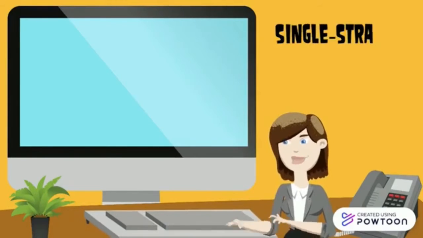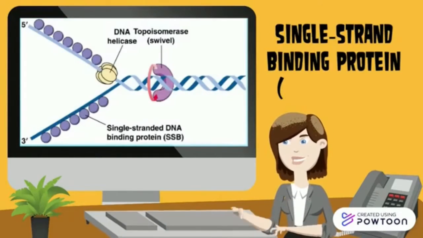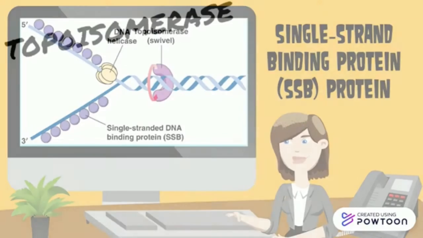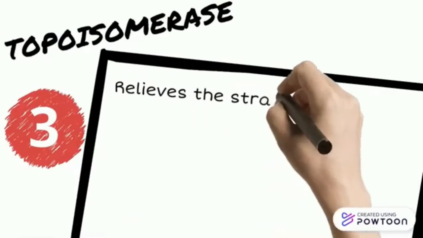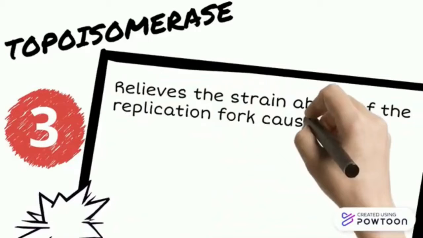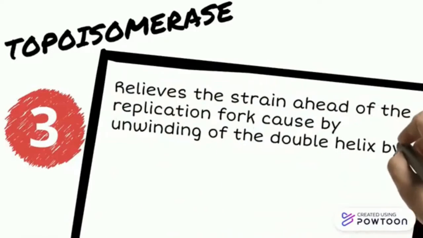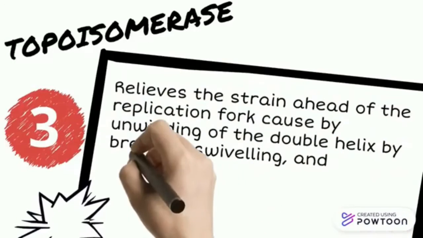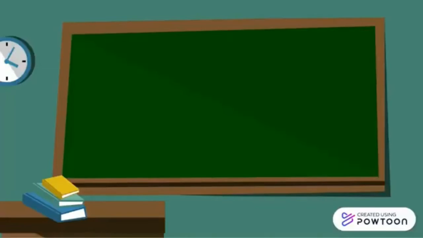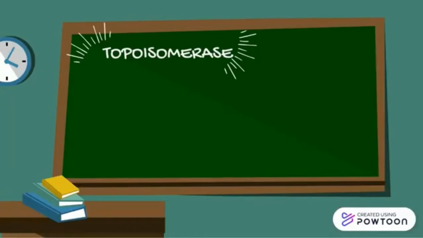And this is the structure of single strand binding protein, SSB protein. Third is topoisomerase. And this is the structure of topoisomerase.